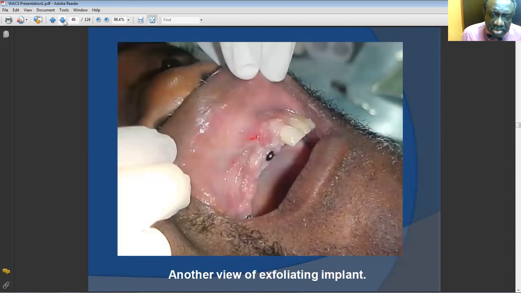And when I came to Jamaica, this is what I saw. Implants that I had actually buried in the bone and covered with gum were now coming out. That is called exfoliating.